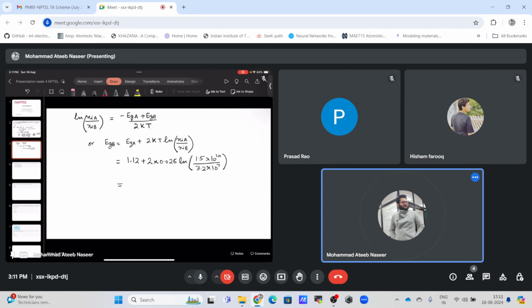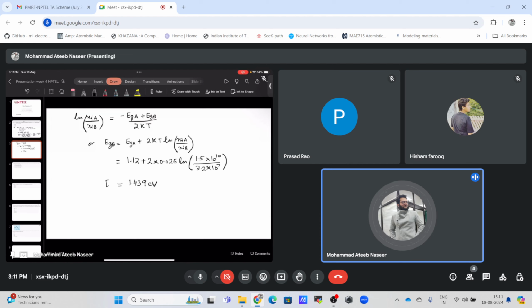ln of 6.15 into 2 into 0.026, so it's 0.32 plus 1.12, so it comes out to be approximately 1.439 electron volts.